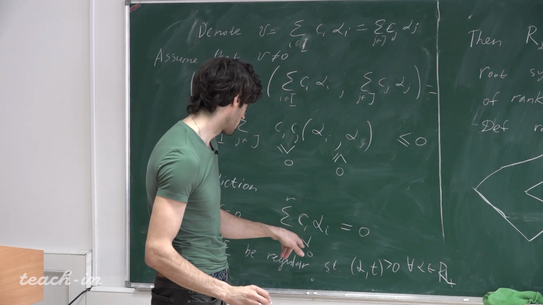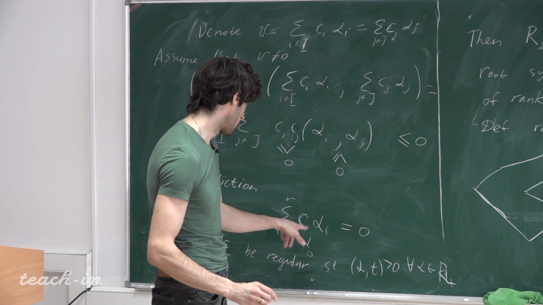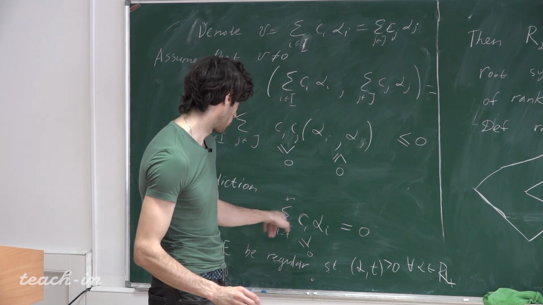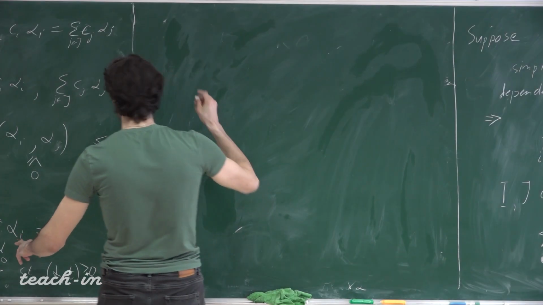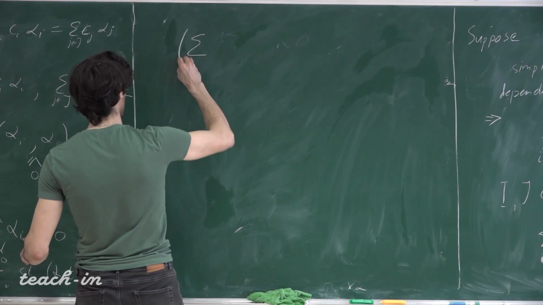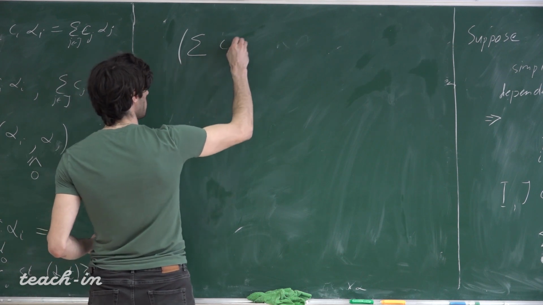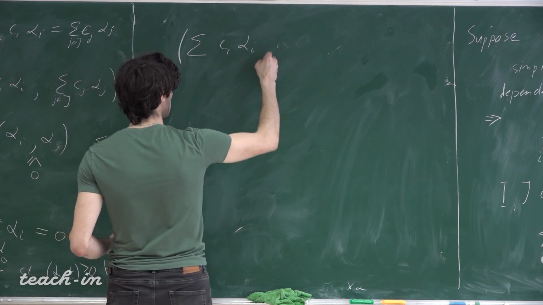And let me compute the inner product of the left-hand side with t. So on the left I will have the sum of ci αi with t.